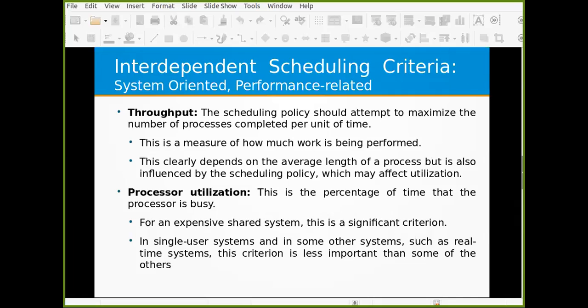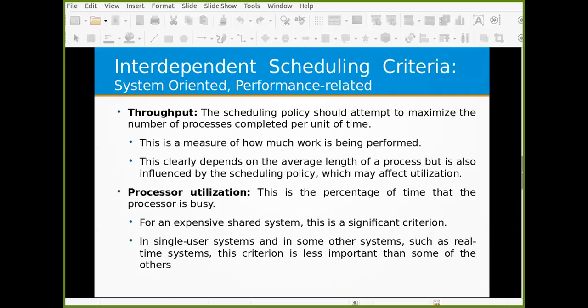Processor utilization is another criteria. This is the percentage of time that the processor is busy. For an expensive shared system, if the system is being shared, this is a very significant criteria, because if multiple users are sharing the system, it should not remain idle for a long time, so everyone gets enough jobs done, right?